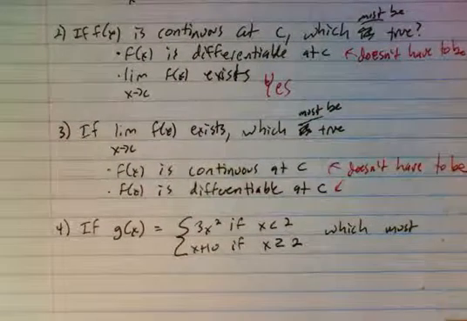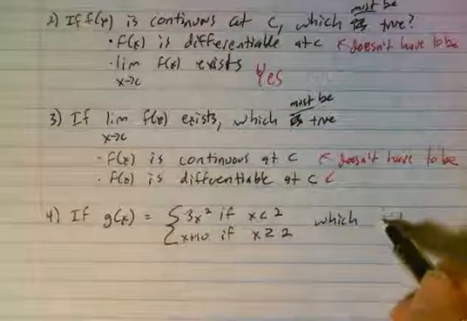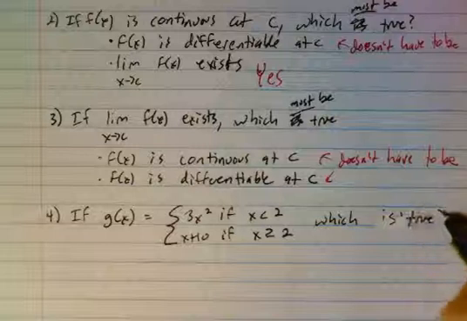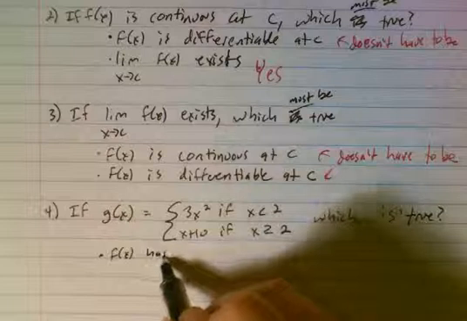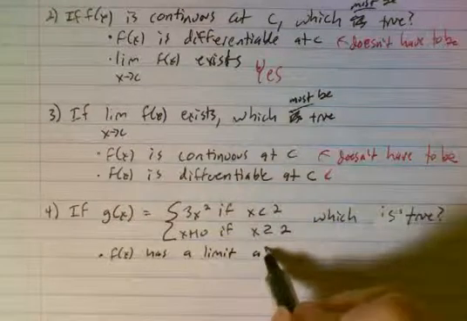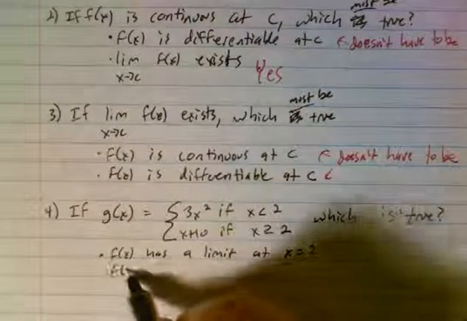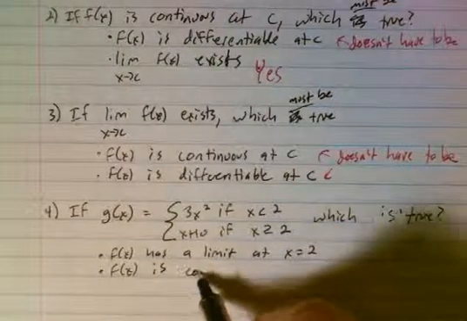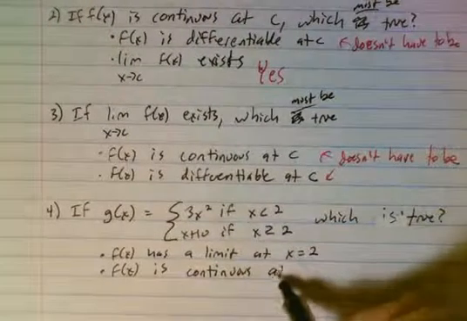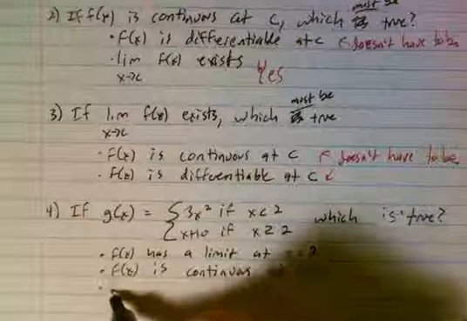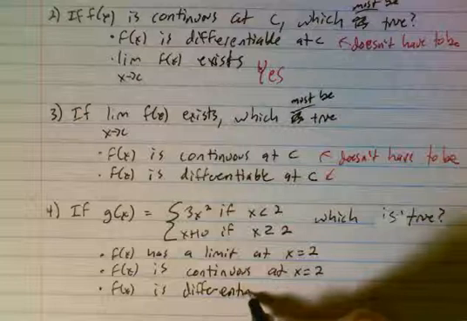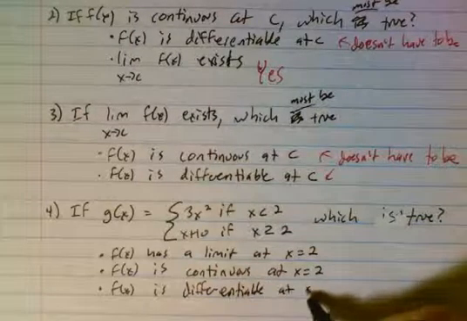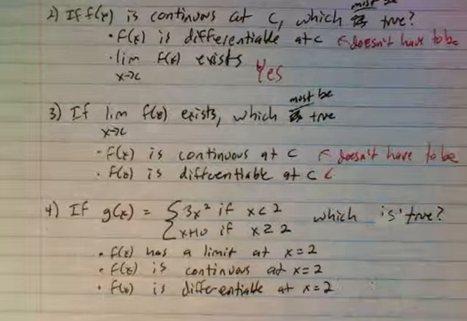Actually, this one can just be is, because we just have one function. f of x has a limit at x equals 2. f of x is continuous at x equals 2, and f of x is differentiable at x equals 2. So let's start off with that limit.